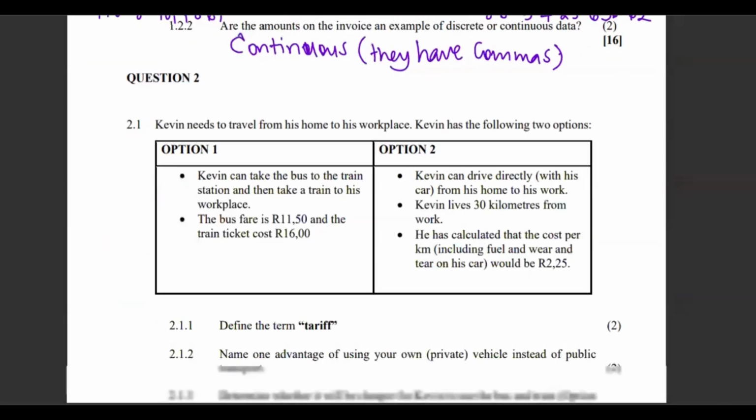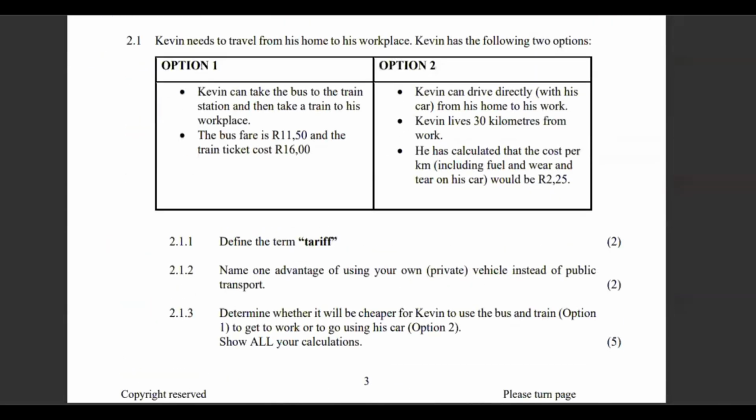Let's look at question number 2. Kevin needs to travel from his home to his workplace. Kevin has the following 2 options. Option 1, Kevin can take a bus to the train station, then take a train to his workplace. The bus fare is 11 rands 50 cents and the train ticket is 16 rands.